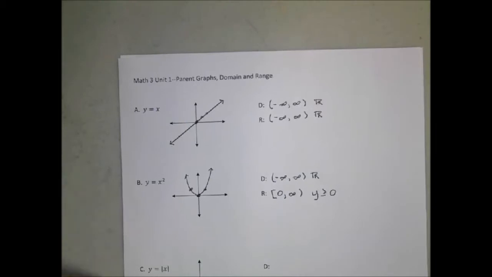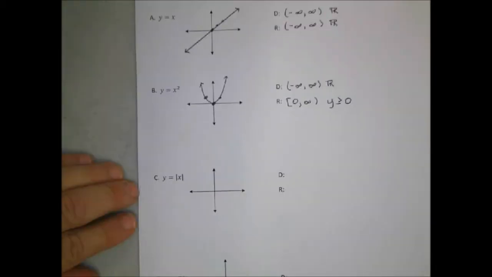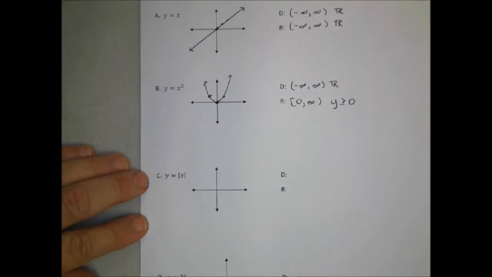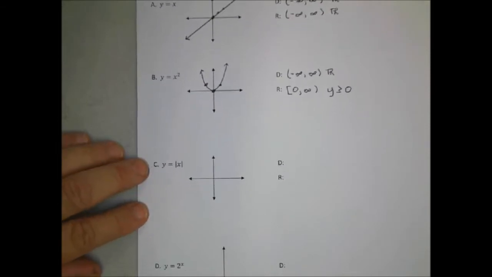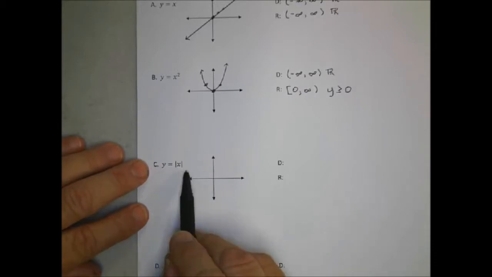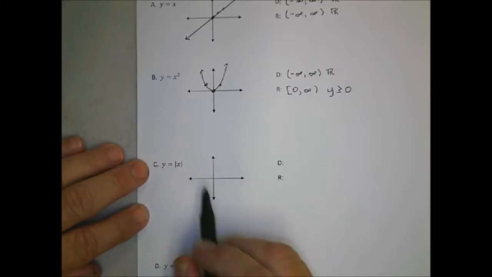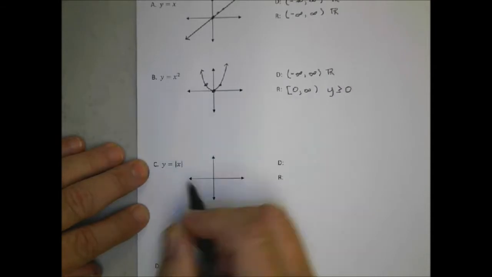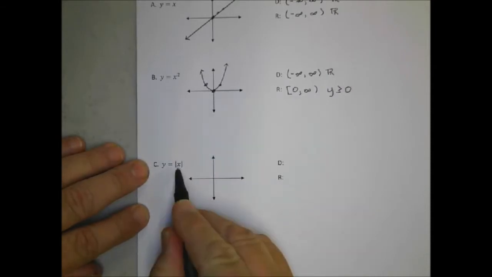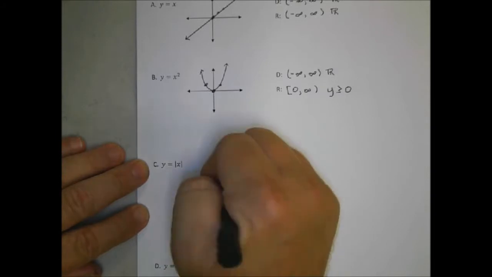Now moving on to the next one, the absolute value linear equation, y equals absolute value x. Now the absolute value means, when you put that x in there, if it's positive, it stays positive. If it's negative, it turns positive. So we're still looking at 0, 0. Again, if you think of an xy table, when x equals 0, the absolute value of 0 is 0.